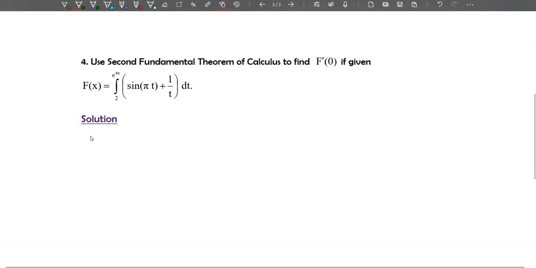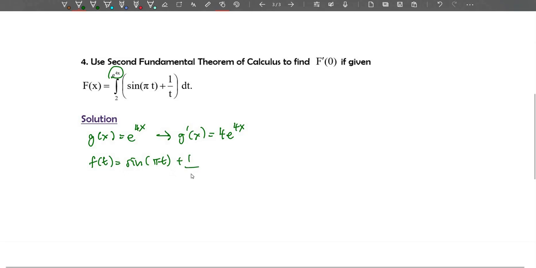So here, what is g(x)? g(x) should be this function, e to the power 4x. From here, we have g prime x is equal to 4 e to the power 4x. So what is f(t)? f(t) is equal to sine pi t plus 1 over t.